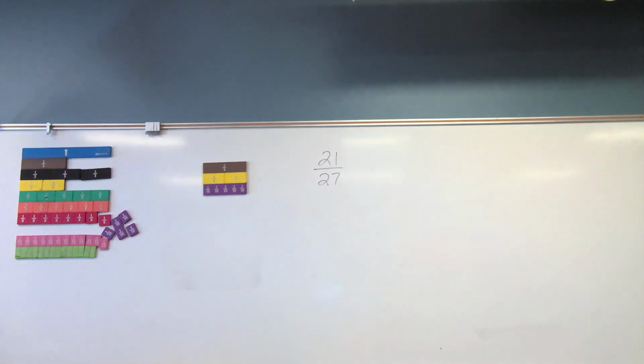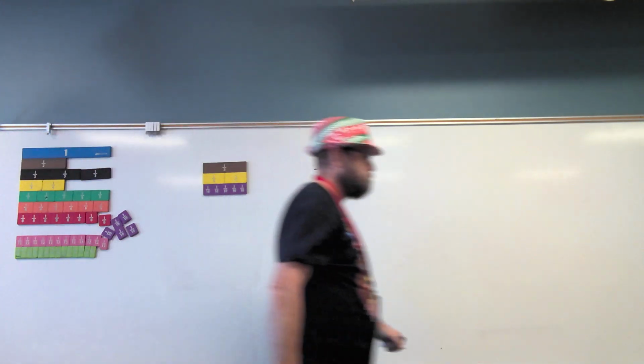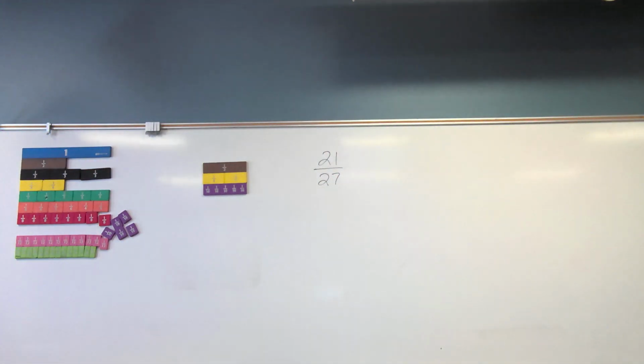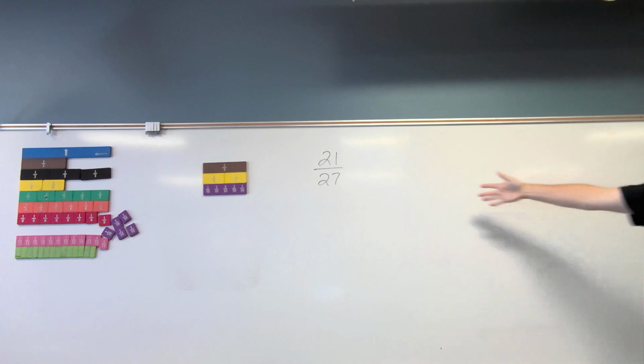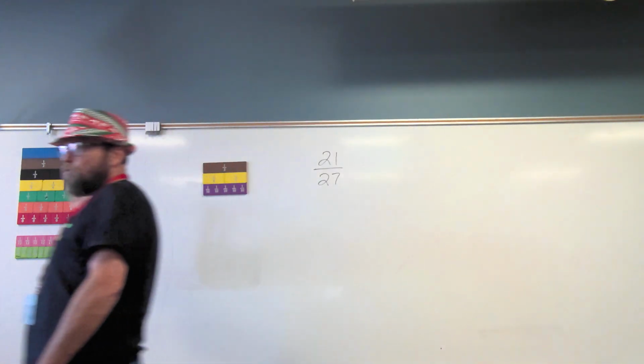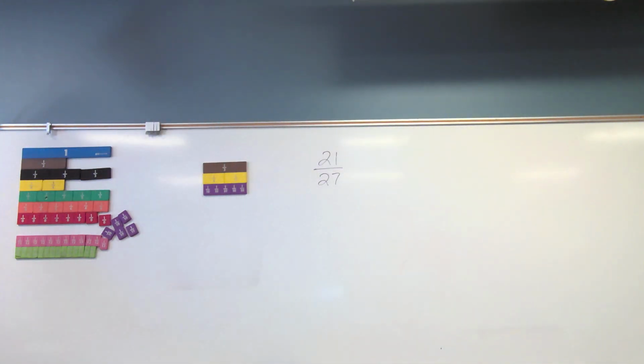Why do you say closer to 1? It's more than a half, right? Because 21 is more than half of 27. So since it's more than a half, it's got to be closer to 1 than to 0.